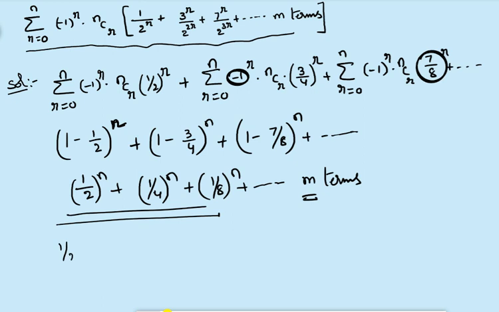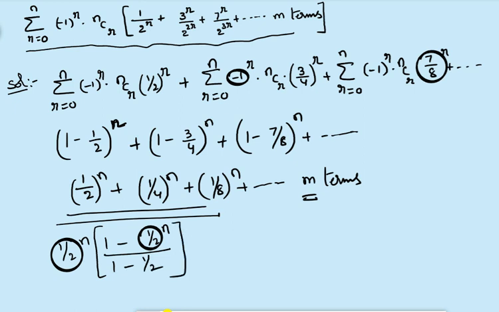The first term is equal to (1 by 2) whole to the power of n, and the common ratio is also (1 by 2) whole to the power of n. That is the way to proceed. Here the number of terms is equal to m.